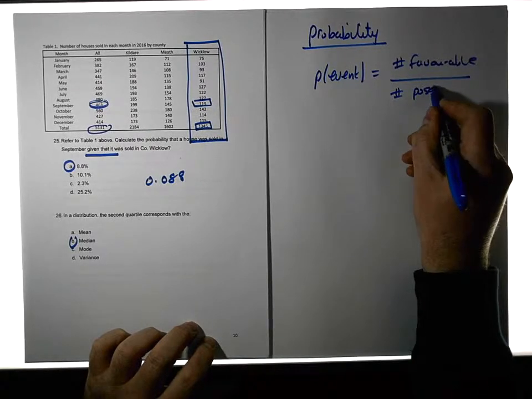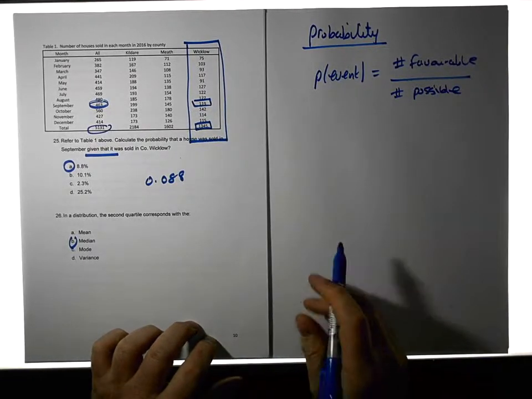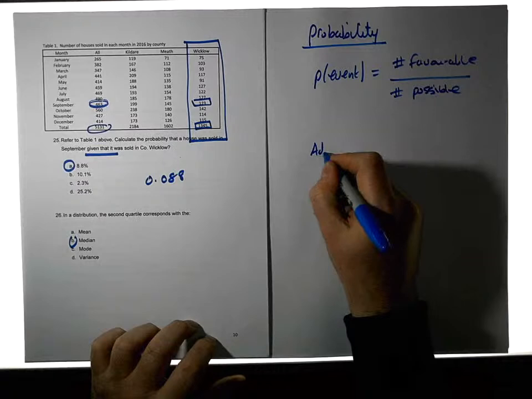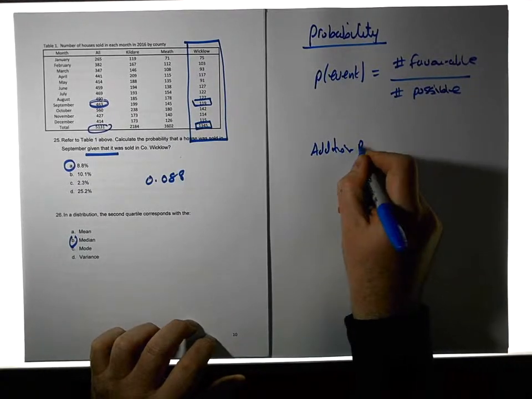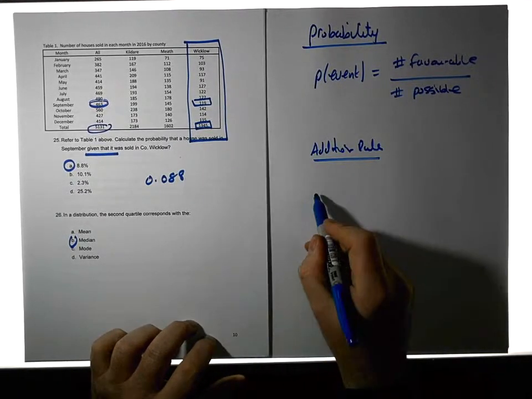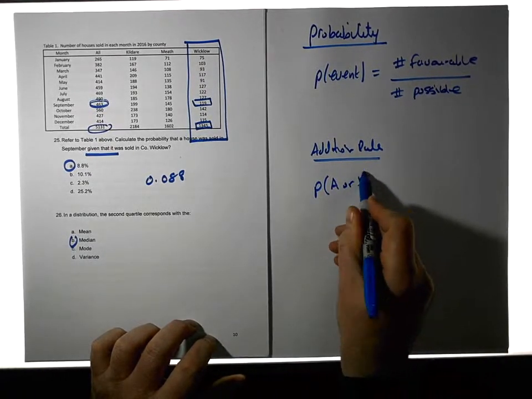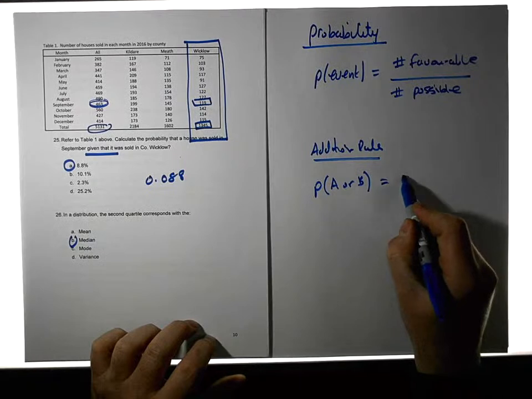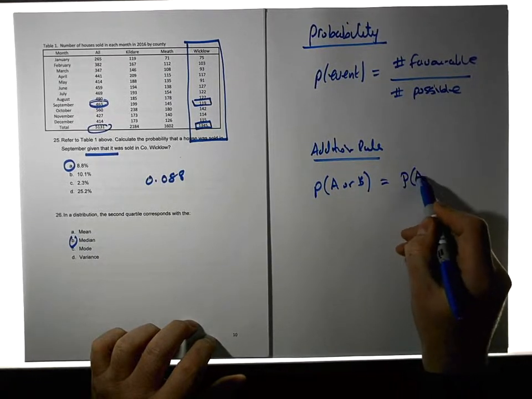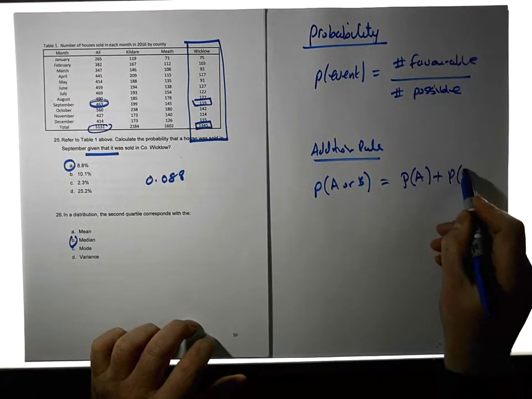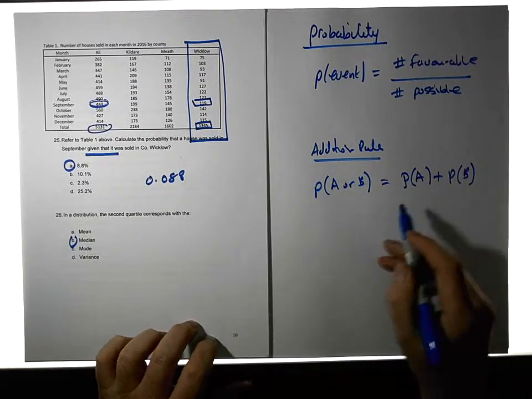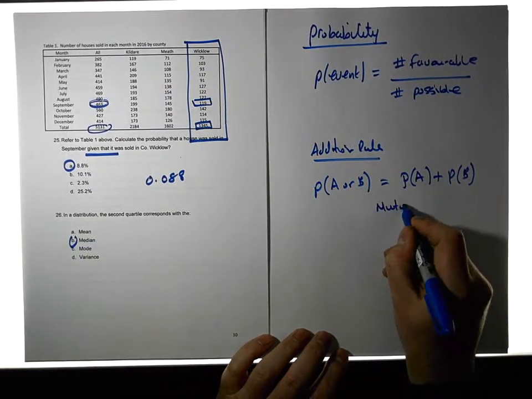And then we have what's known as the addition rule, which says that the probability of one event or another event happening is simply equal to the sum of their probabilities. So it's the probability of the first event plus the probability of the second event. That's when they're mutually exclusive.